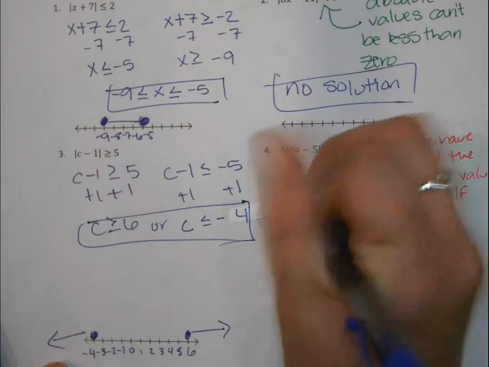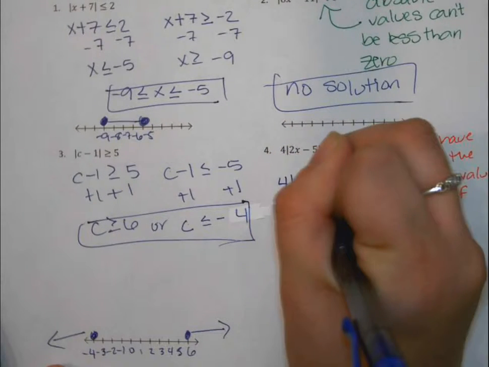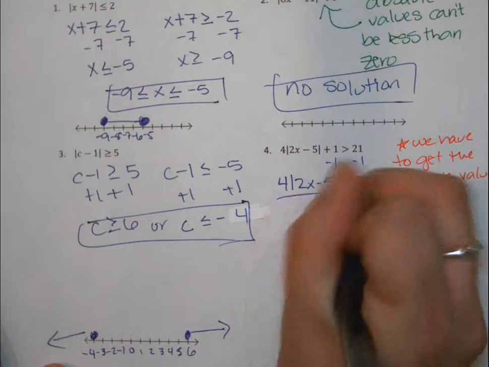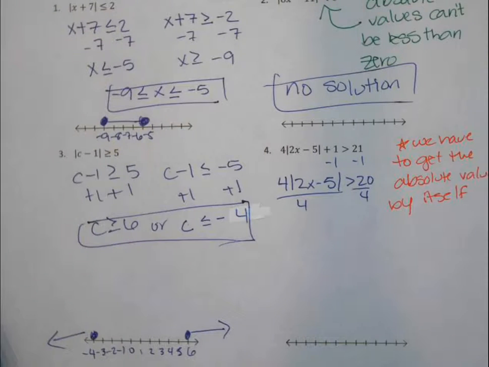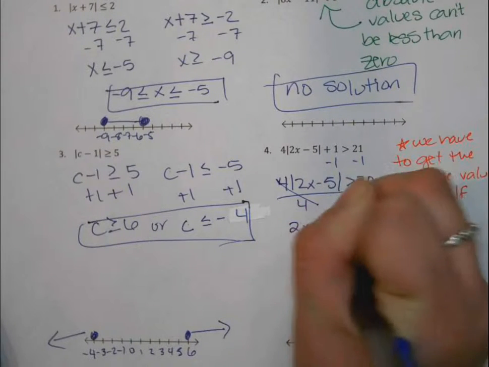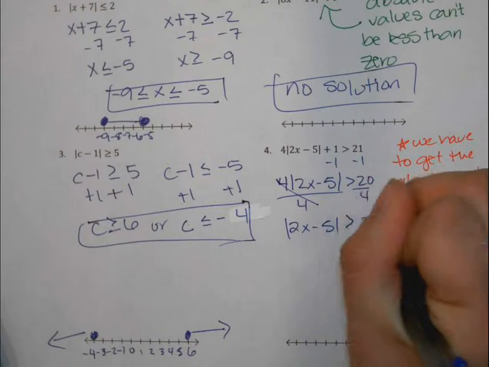I'm going to subtract 1 on both sides. I have 4 times the absolute value of 2x minus 5 is greater than 20. Then I divide both sides by 4. The 4 does not divide the absolute value because I'm treating the absolute value like a variable, so it can't change. Then I have the absolute value of 2x minus 5 is greater than 5.